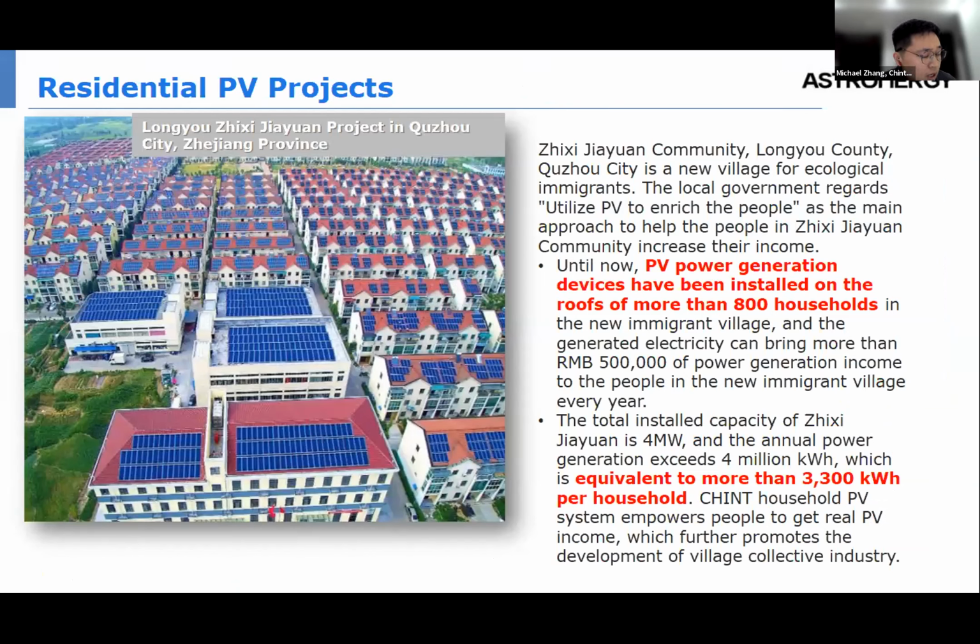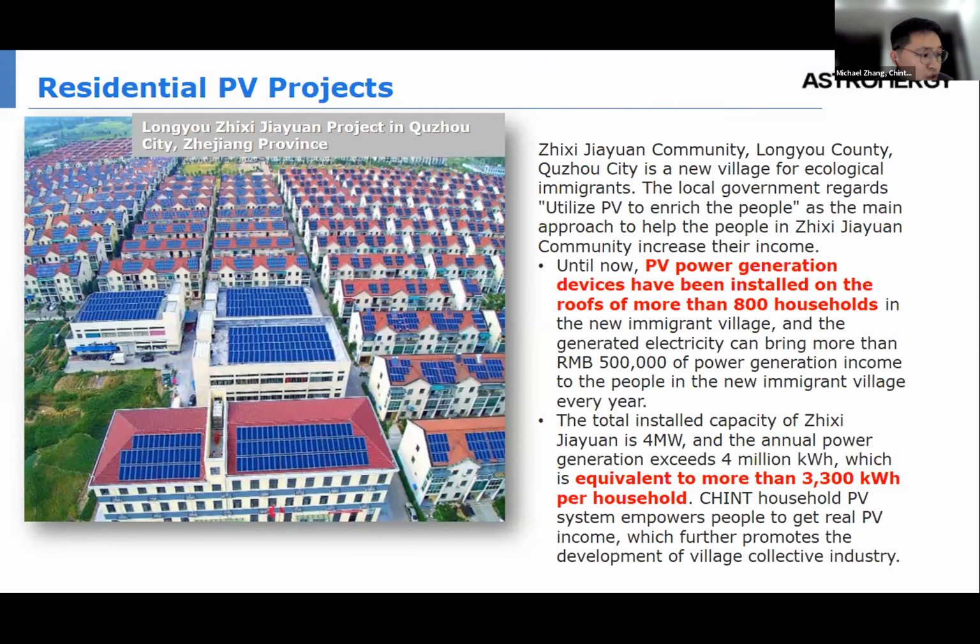This is what we did for a residential PV project. This is the Longyou Zhixi Jiayuan project in Quzhou city of Zhejiang province. We have installed the solar modules onto the roofs of households.